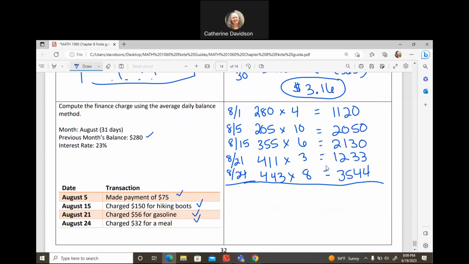And then we're going to add down. So add the 1120 plus 2050 plus 2130 plus 1233 plus 3544 gives me 10,077. I'm going to re-add that real quick. Okay.